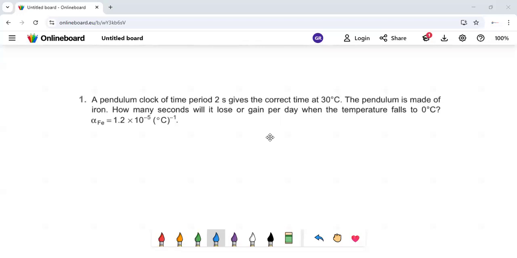Yeah, Bhavesh, correct. What you got originally was correct. Bhavesh, what you have answered previously was correct because each oscillation is taking 2 seconds now. So it's fine.